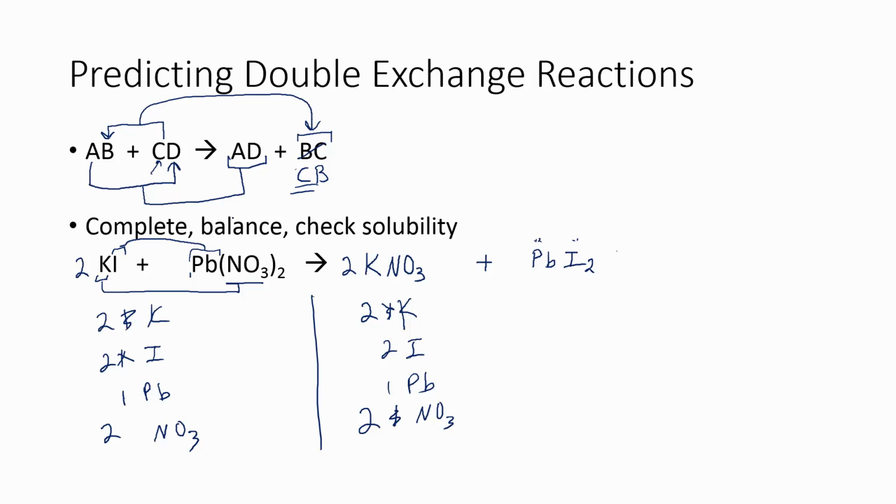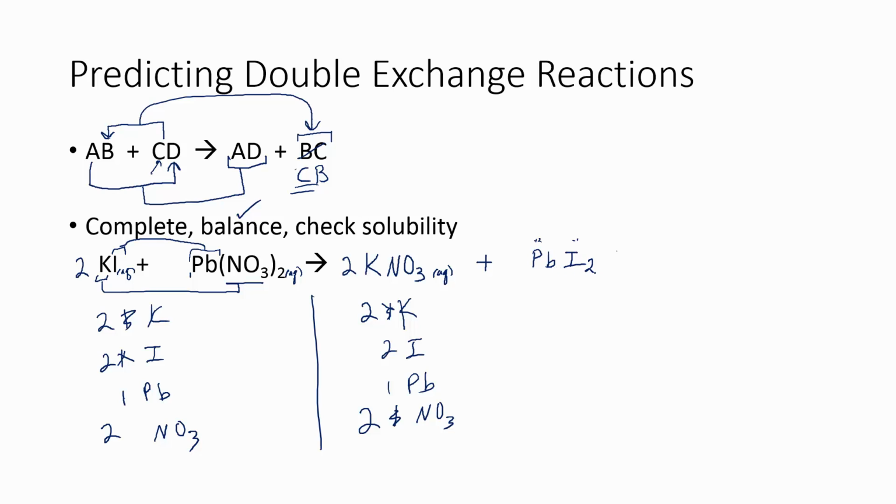Good. Check. Then we have to see what is soluble and what's not, so we can put states of matter in. Potassium iodide is aqueous from two different directions, right? Potassium salts and iodide salts. Lead nitrate is soluble because all nitrates are soluble. Potassium nitrate, all nitrates are soluble and all potassium salts are soluble.